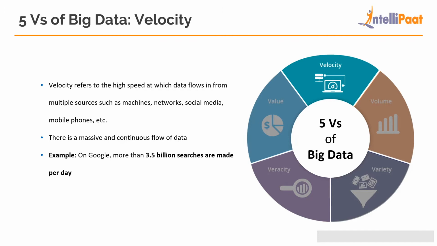So many people are trying to search something, and whenever somebody searches, some data comes in. Whenever data is flowing, the amount of data flowing at the same time is very, very high. That is velocity.